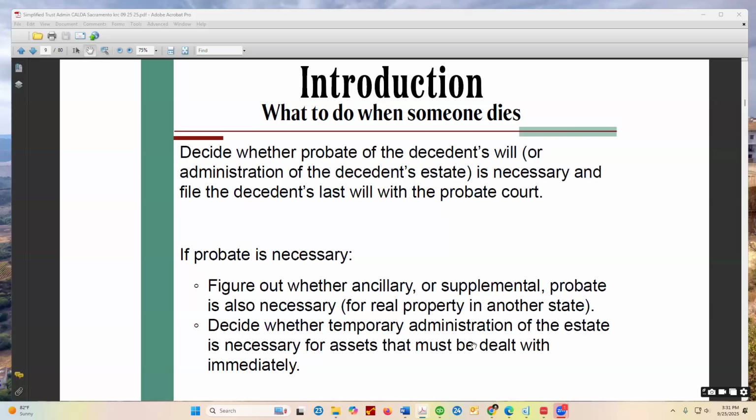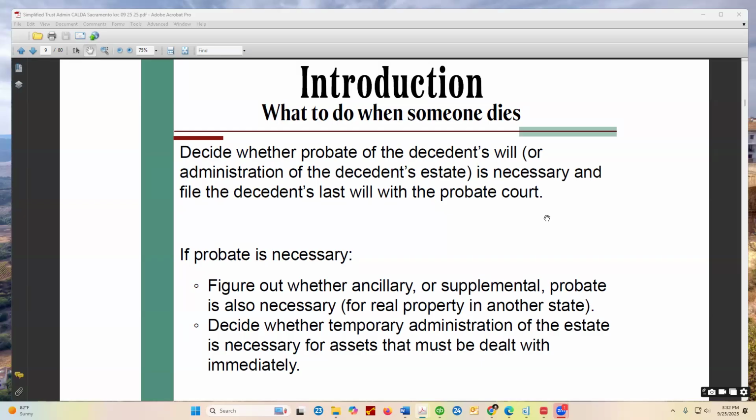And if so, then you're going to be burdened with the procedures related to probate. You need to make a determination whether a supplemental probate may be necessary in another state.